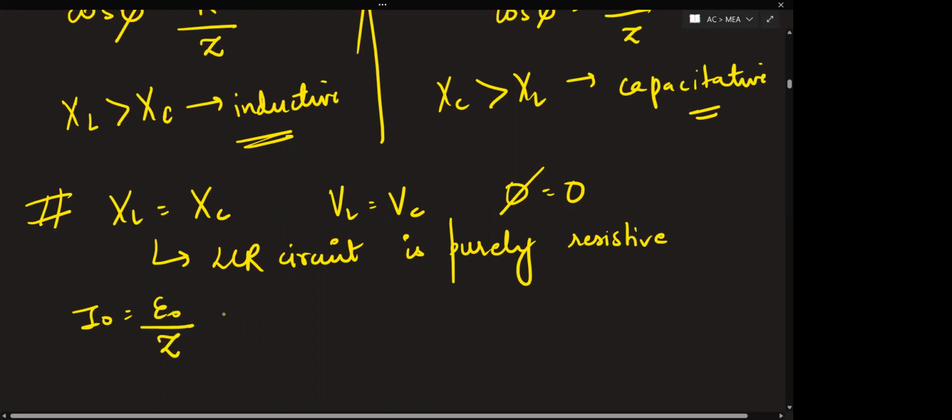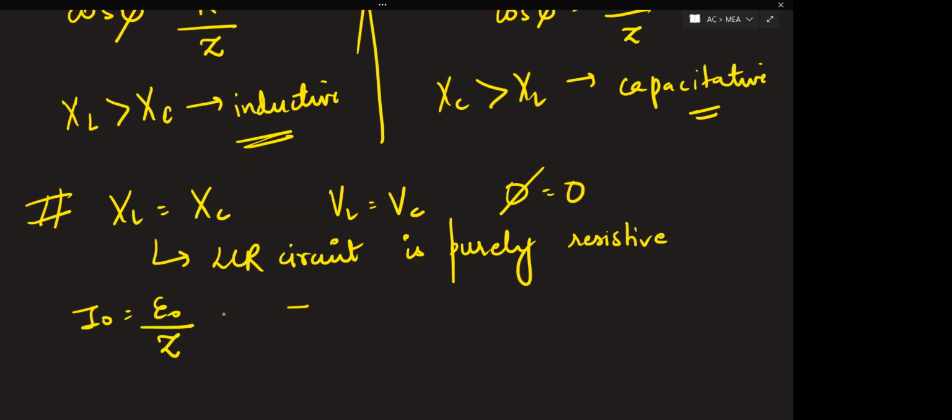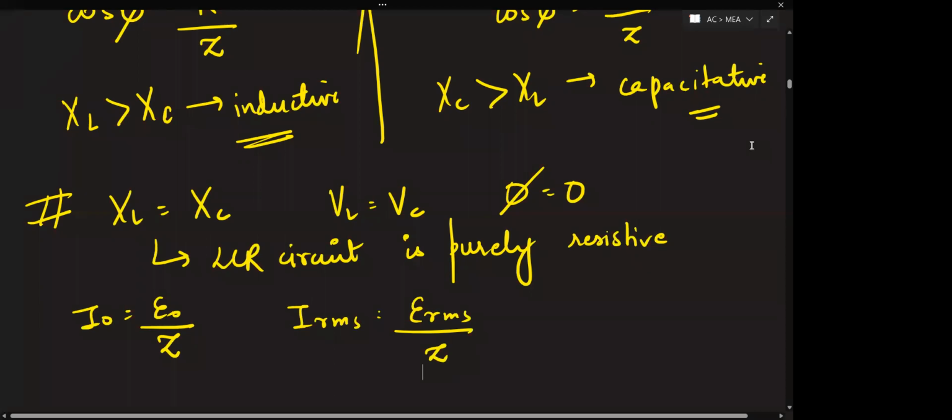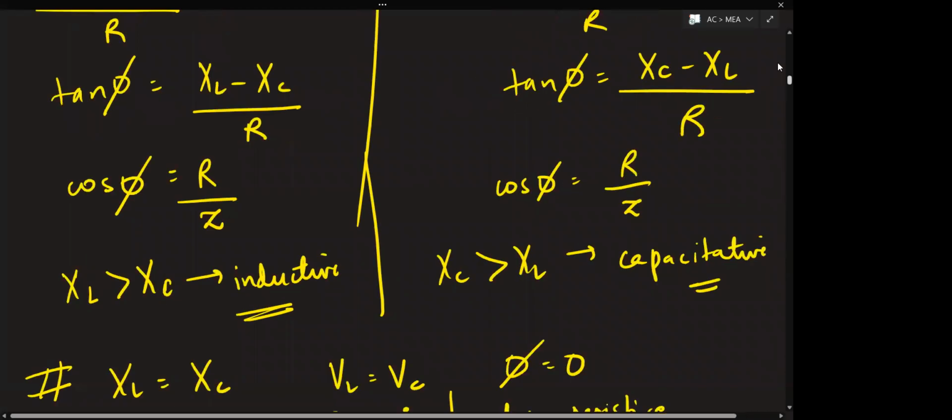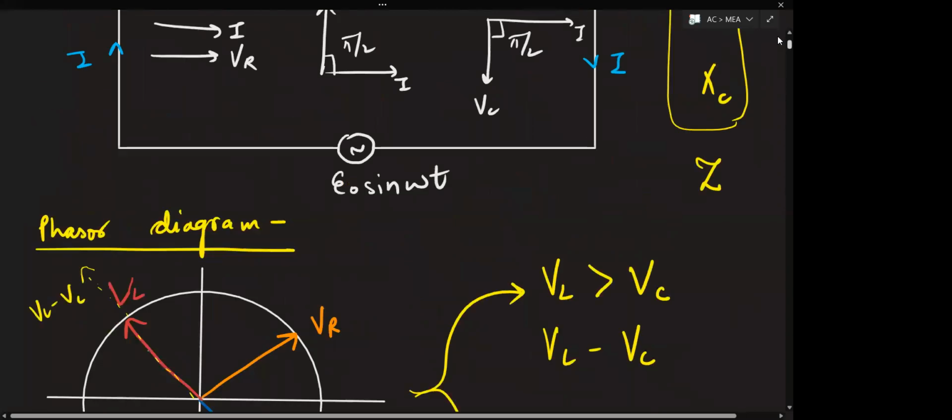For the whole LCR circuit, the way you use resistance, XL, XC, you use E naught by Z, or you can write IRMS equal to ERMS divided by Z. Simple Ohm's law you have to apply, but in a different aspect. Let me conclude one more time.